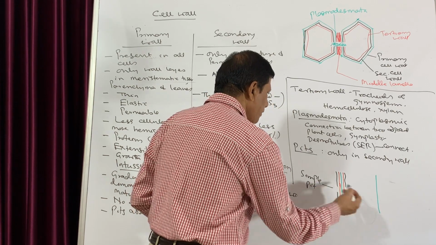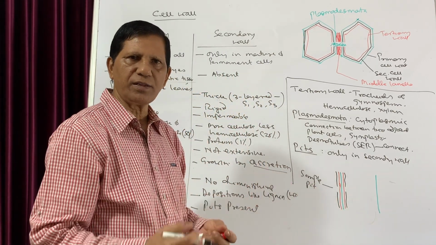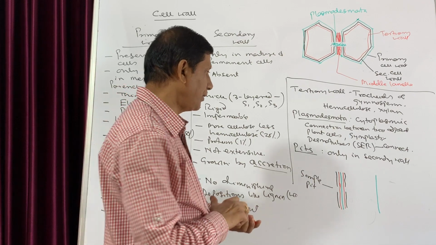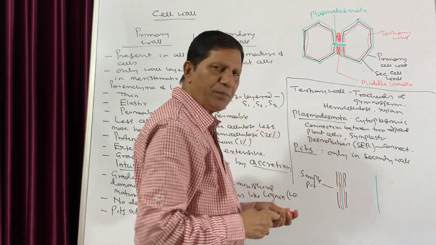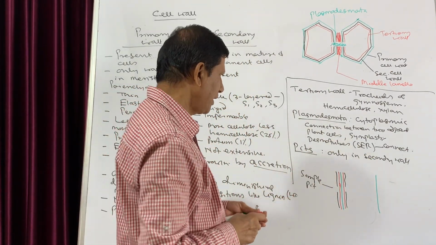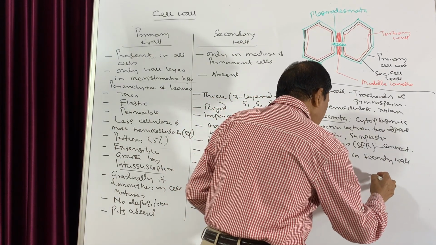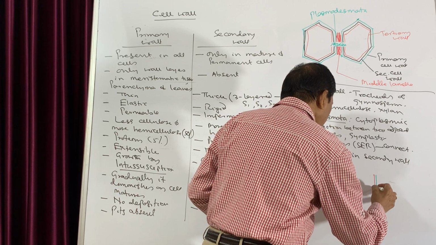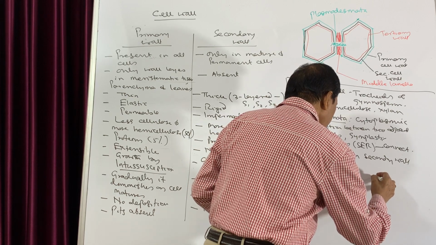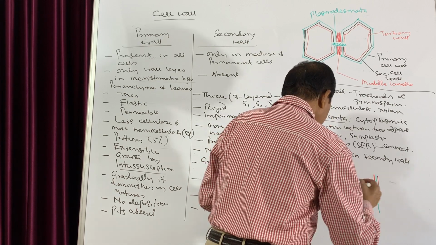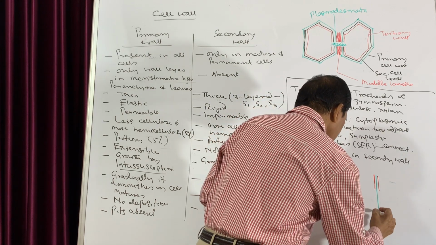Usually through these pits water moves from one cell to another cell. But in case of another type of pit known as bordered pit, what happens? Now, this is the middle lamella, then this is the primary wall on both sides. Then there will also be secondary walls.